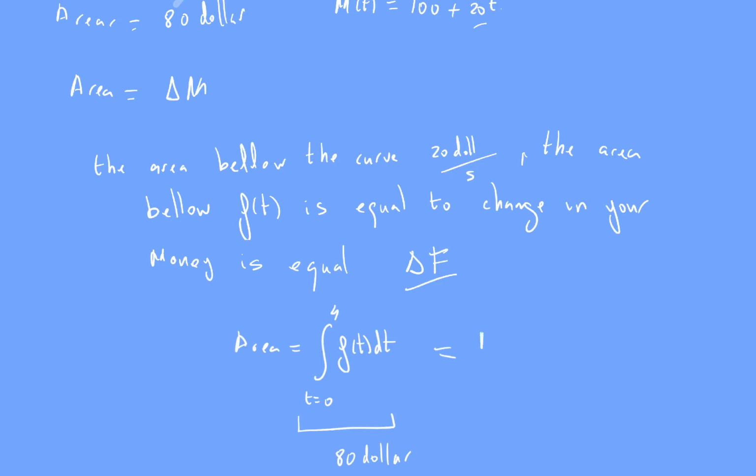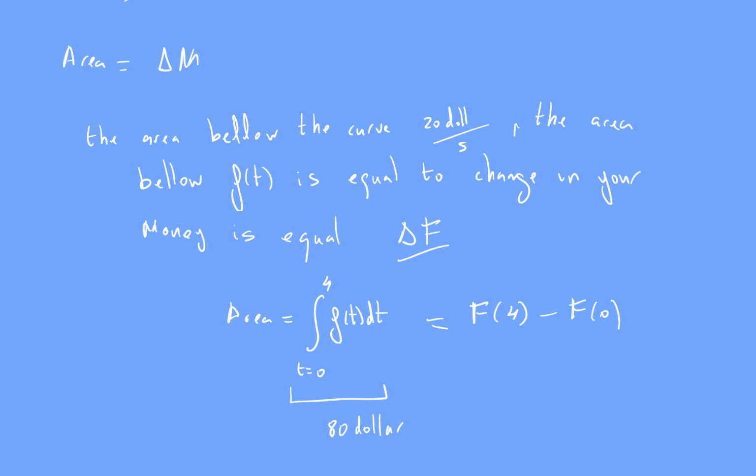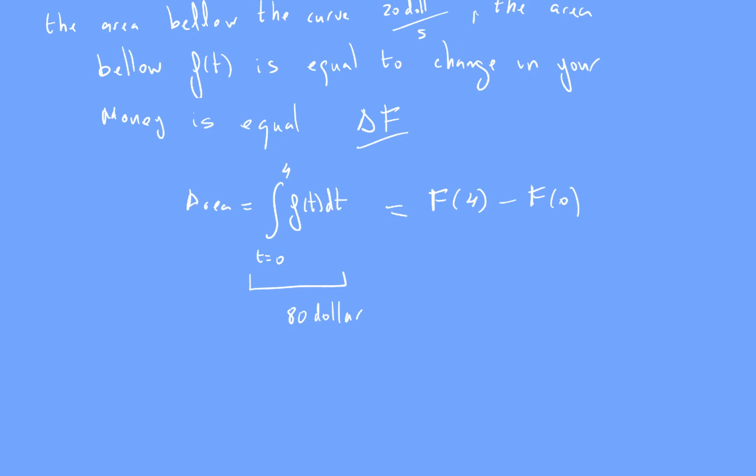The change in your money, F of 4 minus F of 0, or in our representation, M of 4 minus M of 0. This M of 4 minus M of 0 is also $80. So this is the essence of the first fundamental theorem of calculus.